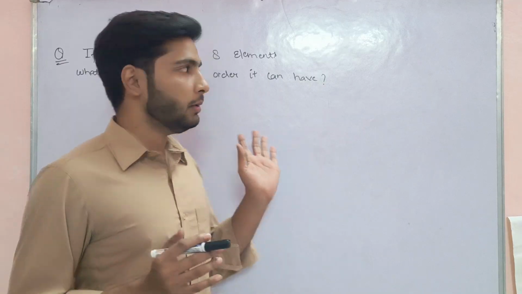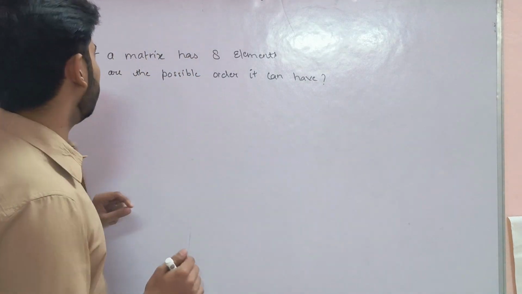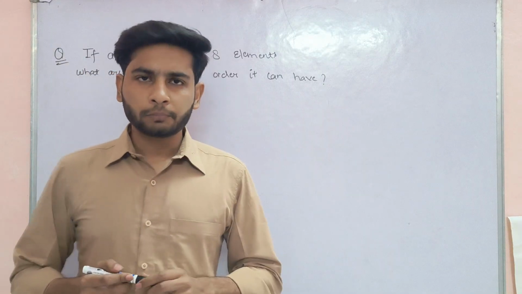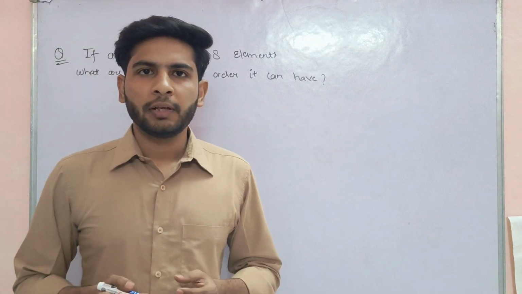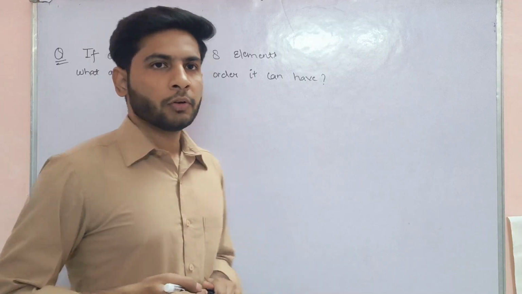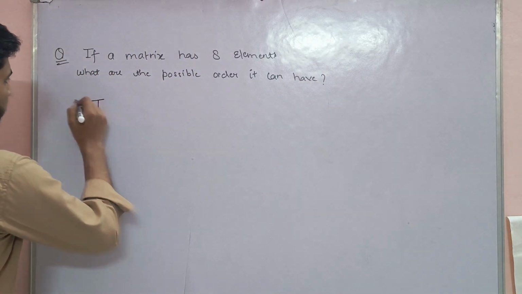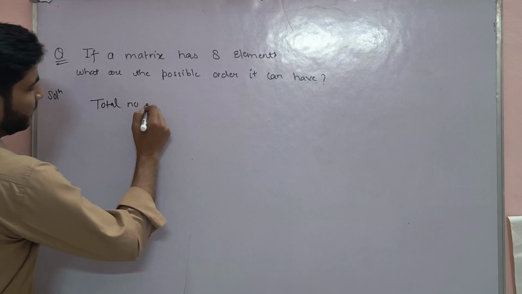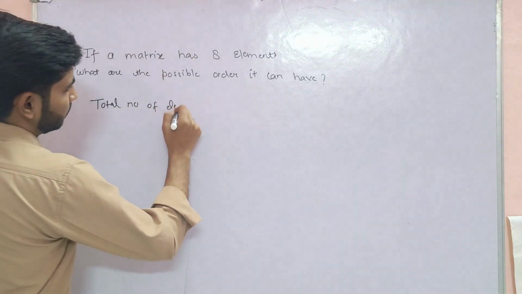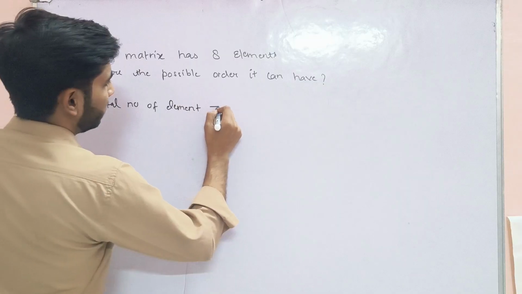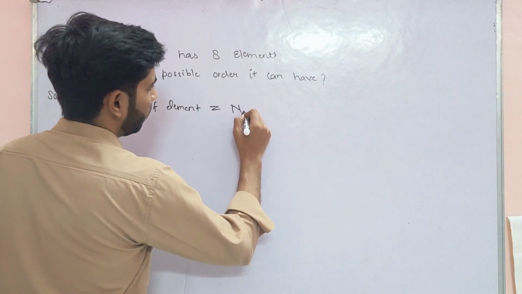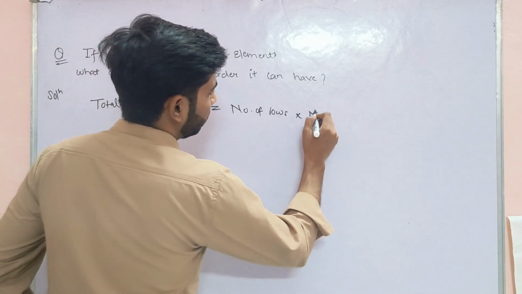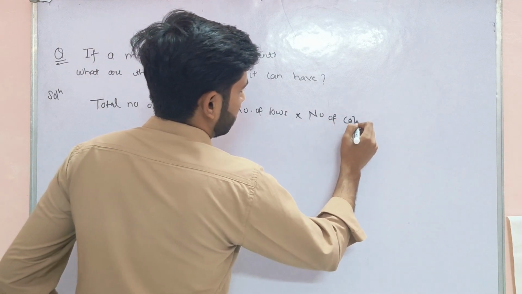Now we will see one question. If a matrix has 8 elements, what are the possible orders it can have? So we know that if we multiply the order, it will give the total number of elements. So the total number of elements we get by multiplying number of rows and number of columns.